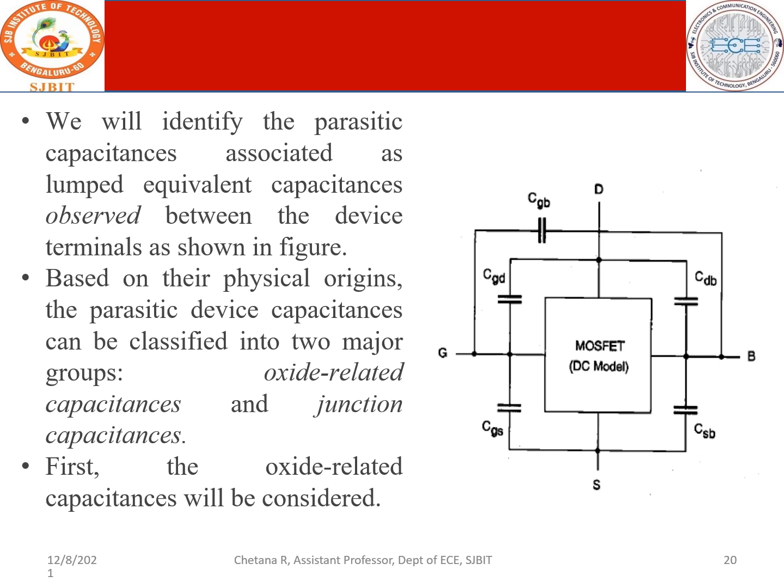You can notice you have the capacitance between the gate and the source, between the gate and the drain, between the gate and the body or the substrate, and between the drain and the substrate, and the source and the substrate. A few parameters of the capacitances are shown here. This is how we find the capacitances, and now we will focus on oxide related capacitances.